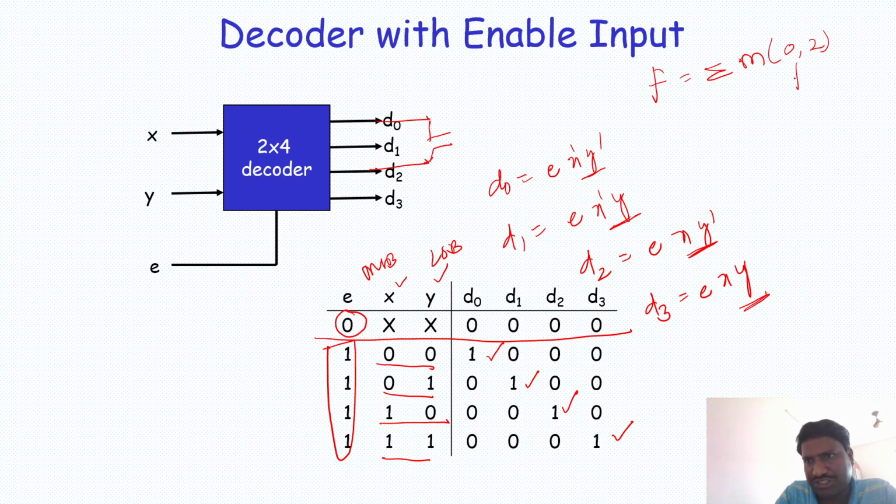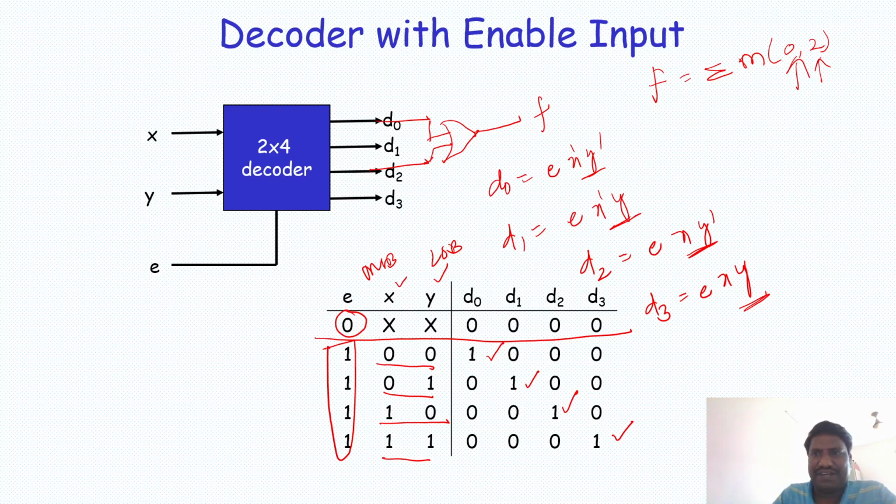Why? Because I have 0, I have 2. You just OR them because I want both of them. So you are going to get the output function f. Similarly, you can go for any function.